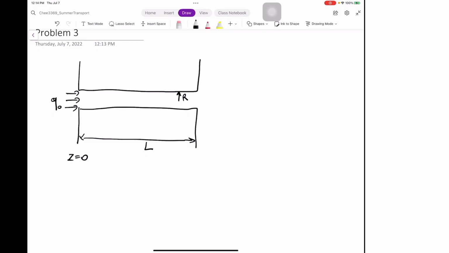While the other end of the rod, z equal to L, the temperature is kept at TL. Air at T infinity is passed over the rod, and the heat transfer coefficient between the rod and the air is h.